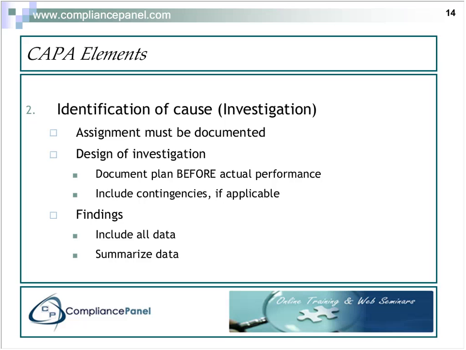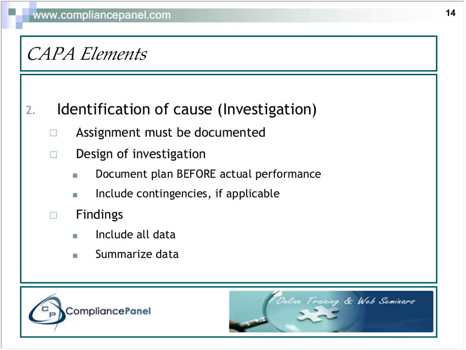And what that entails is you document your plan before you actually do it. What am I going to investigate on this nonconformance or this trend of nonconformances before I actually do it? And include contingencies if applicable.